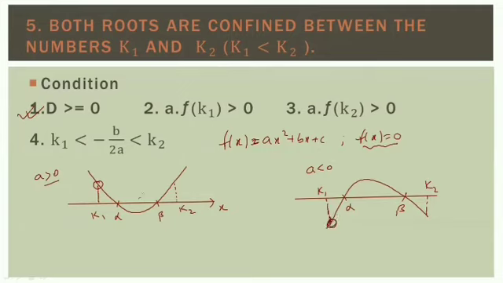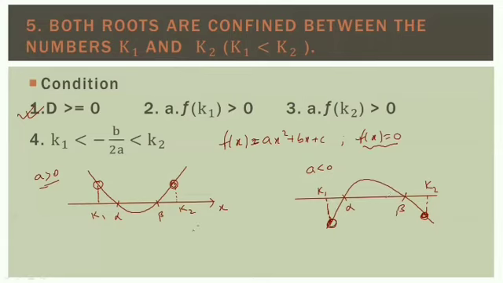When a is positive, f of k2 is positive. When a is negative, f of k2 is negative. That means that a, f of k1 and f of k2, all of them follow the same sign.